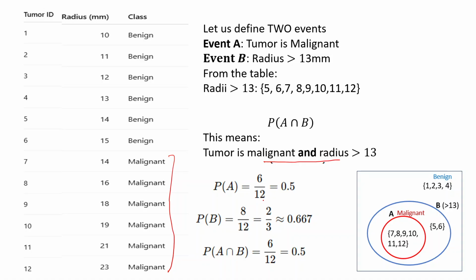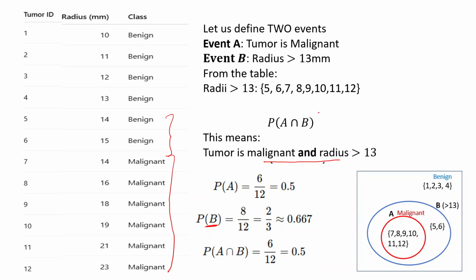Therefore, it becomes 6 divided by 12. And what is the probability of the event B, that the tumor radii is greater than 30? It becomes 8 by 12, because 2 plus 6 is 8. Therefore, 8 divided by 12, which comes to the value 0.667.